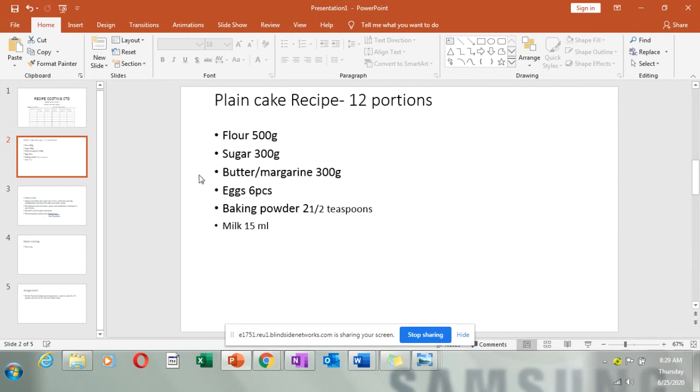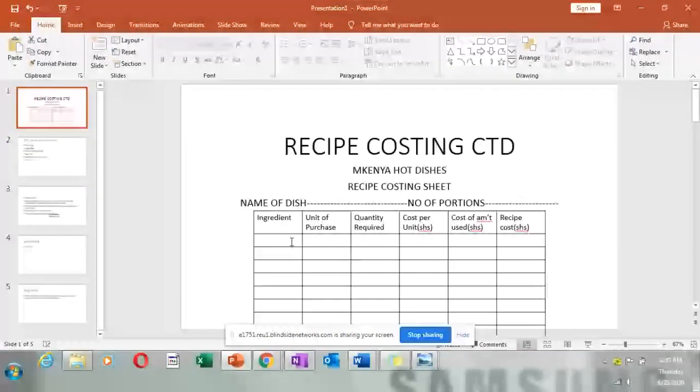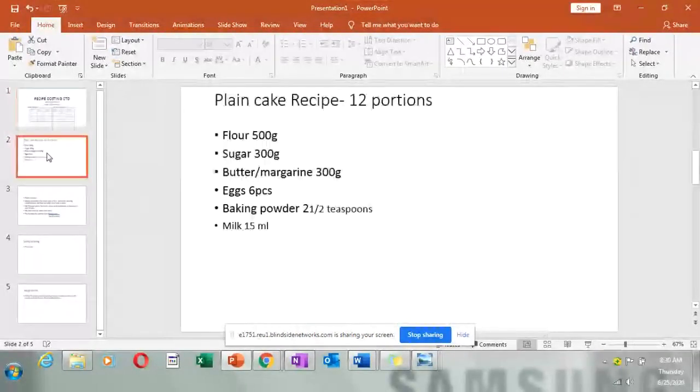And the ingredients given there are 500 grams of flour, 300 grams of sugar, 300 grams of margarine or butter. You choose one. So when we are posting here, we are going to either post butter or margarine. You cannot post both. Okay. Then we have eggs, 6 pieces, baking powder, 2.5 teaspoons, and milk, 15 ml.